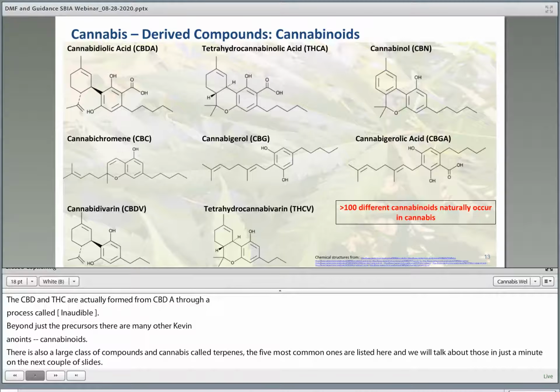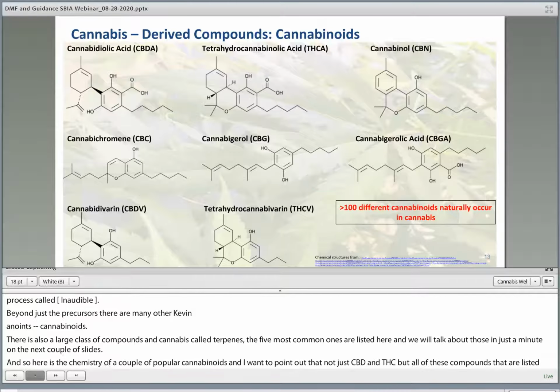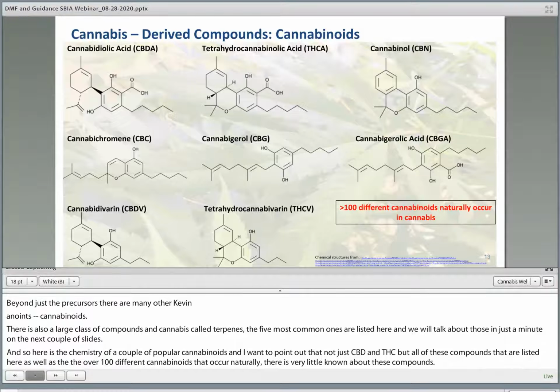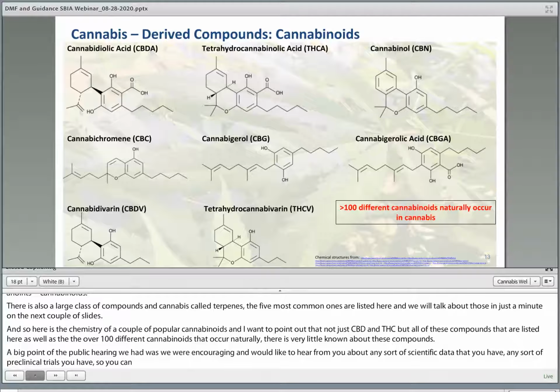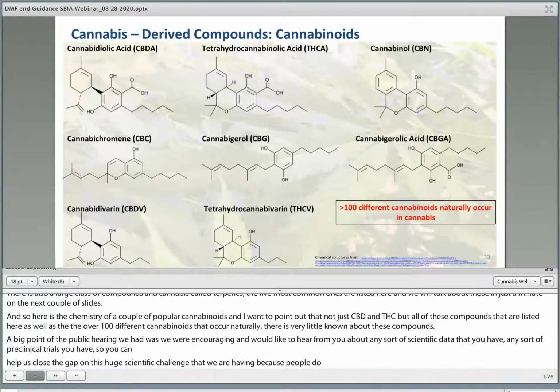And so a big point of that public hearing that we had is we're encouraging and we would like to hear from you about any sort of scientific data that you have, any sort of preclinical trials that you might have, so you can help us close the gap on this huge scientific challenge that we're having, because people don't know enough about these compounds, and now people are wanting to use them in various investigational drug products, which we strongly encourage more investigational drug products using these different cannabinoids.